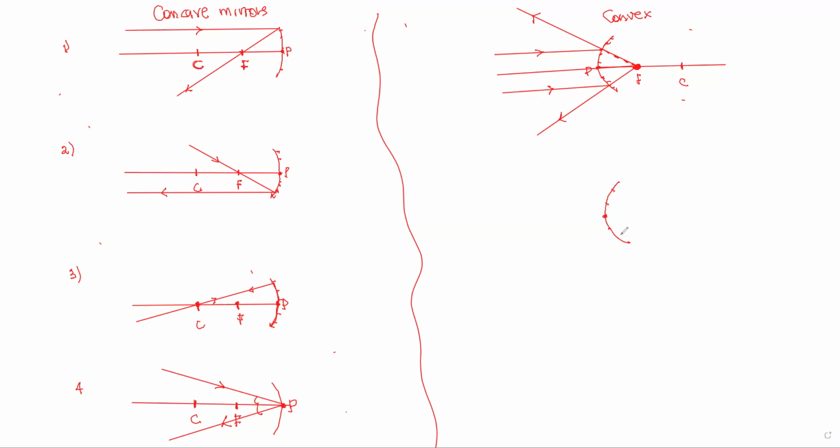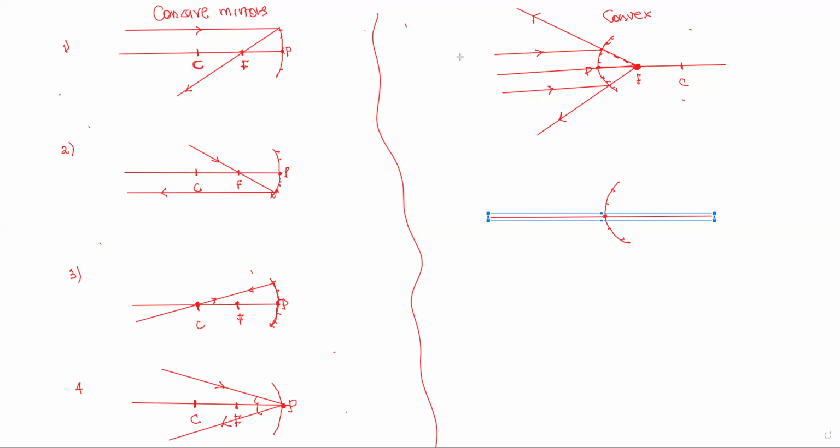The principal focus of a convex mirror is the point on the principal axis where all the parallel rays close to the principal axis appear to be divergent after hitting the mirror. Appear to be diverted from.